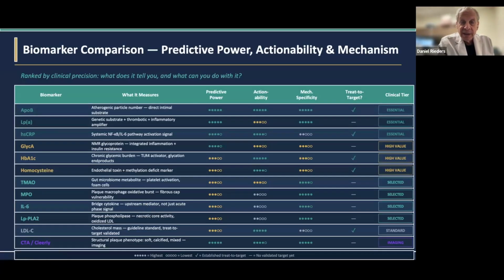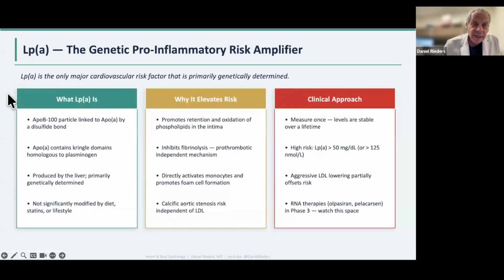So the next chart is interesting. So if you had to just say what is more predictive, what is more diagnostic of a future stroke or heart attack, at the top would be ApoB.